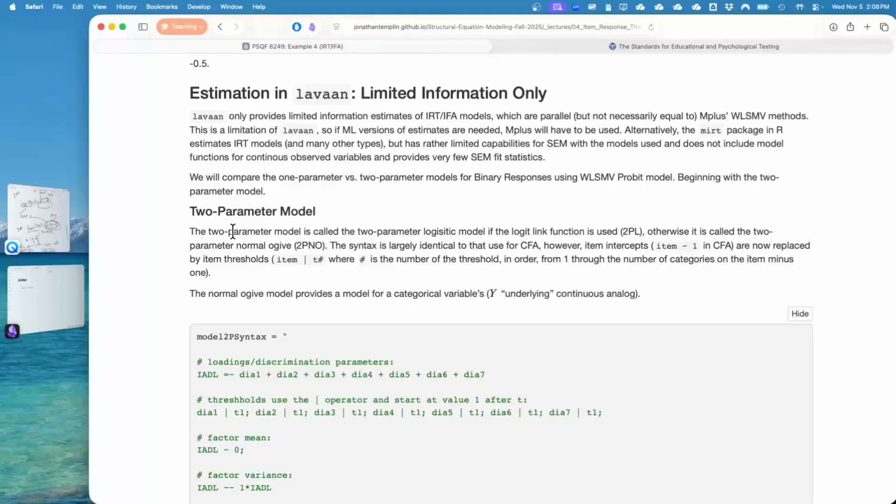It's this crazy part where the correlation has a smaller range. So what this limited information method does is it estimates a factor analysis on a tetrachoric correlation matrix. But you don't have to give it the tetrachoric, it'll figure all that out as it does its work. Okay? So lavaan, limited information only. That's where we're going to stay.